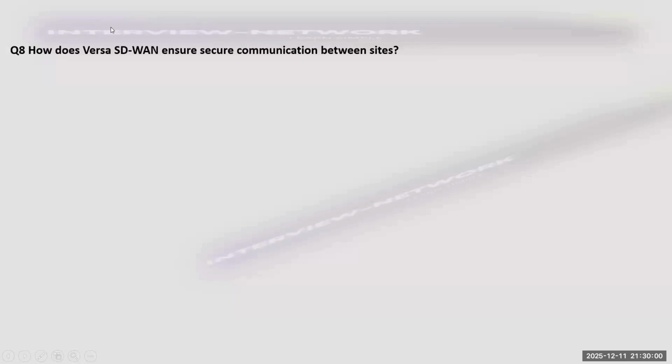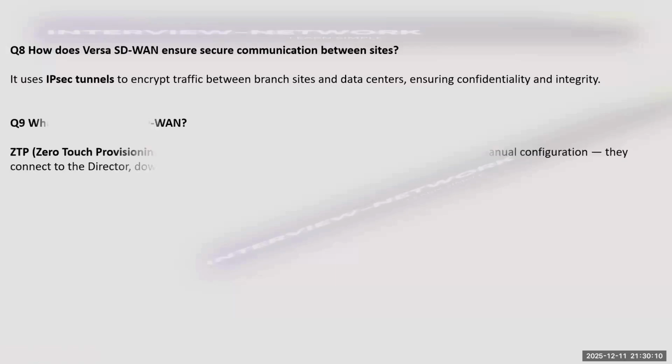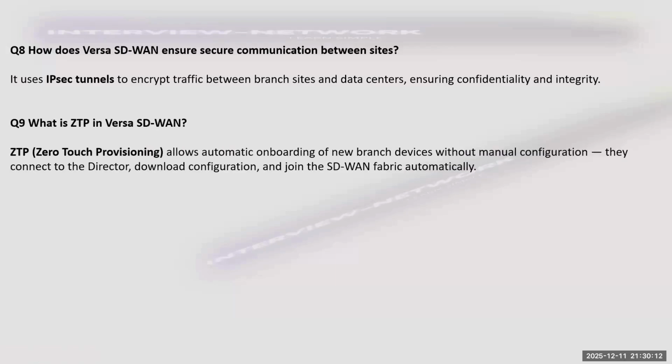How does Versa SD-WAN ensure secure communication between sites? It uses IPsec tunnels to encrypt traffic between branch sites and data center, ensuring confidentiality and integrity. What is ZTP in Versa SD-WAN? Zero touch provisioning allows automatic onboarding of new branch devices without manual configuration. They connect to the director, download the configuration, and join the SD-WAN fabric automatically.